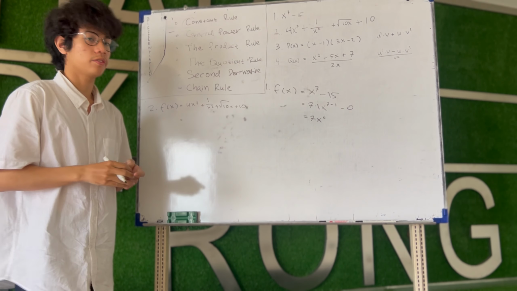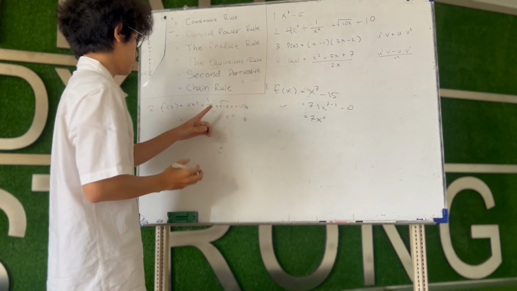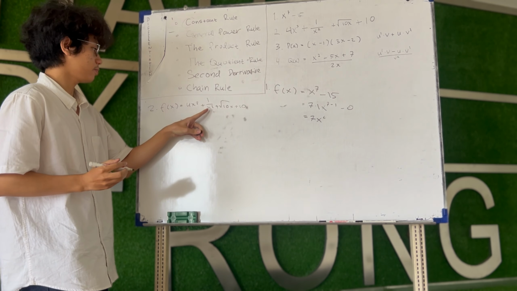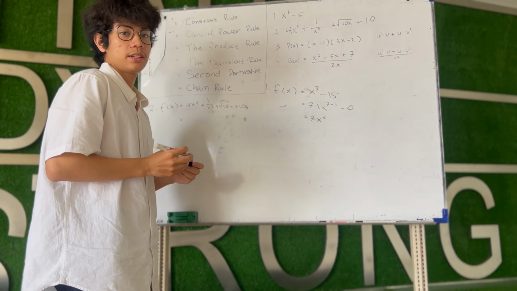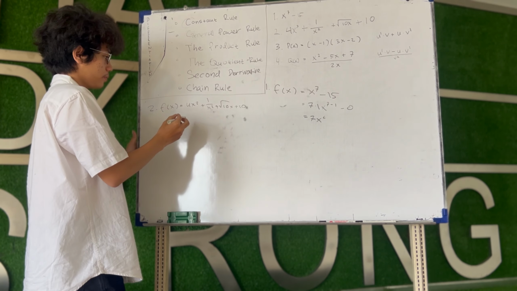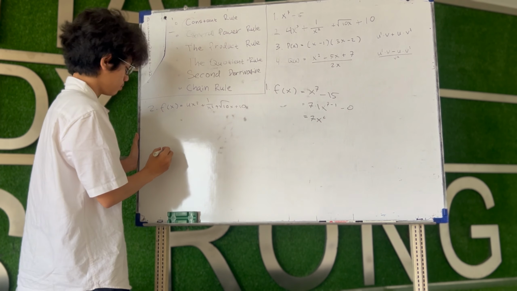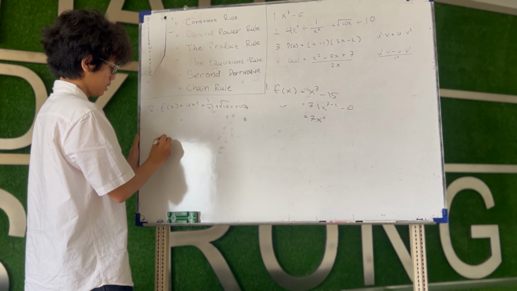So here you have a root and 1 per x to the power of 2. So these 2 you can equal it like this.